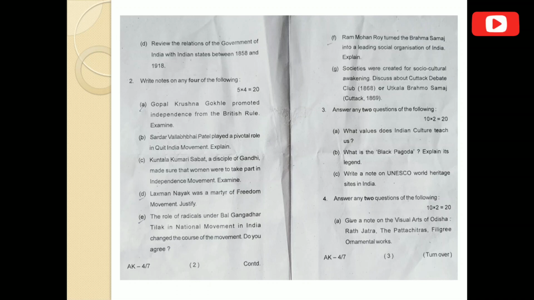Again, many Acts were passed: 1862, 1892, 1909, 1919, 1935 and 1947. But it categorically asked about 1858 to 1918, which means you won't take 1919. So the areas are the same, but the questions are coming indirectly.